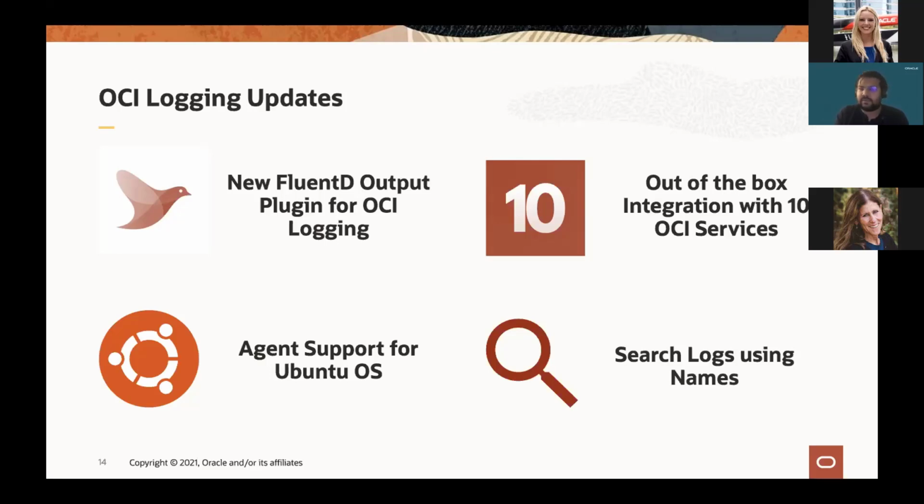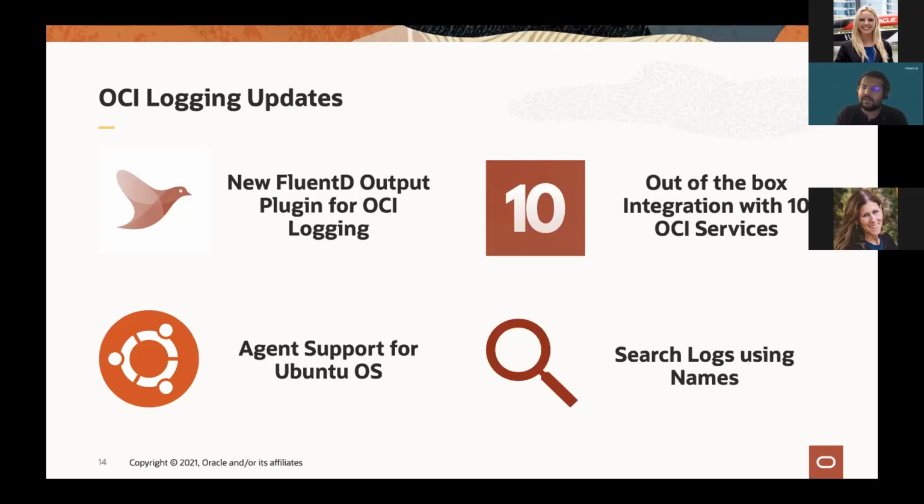But we have heard this request from customers that they didn't want to use our agent. They wanted to use their own agent and their own setup for pushing the logs to OCI Logging. What it means is, let's say a user wants to use an open source Fluentd agent, and he has some configuration already in place, using which he is enriching some of his data. Once that enrichment has been done, that's when the user wants to push the data into OCI Logging.